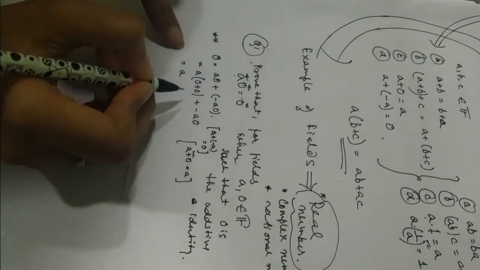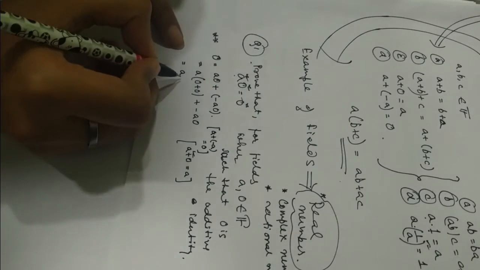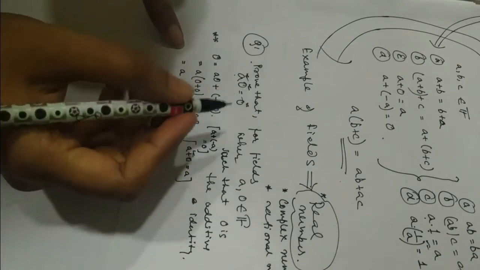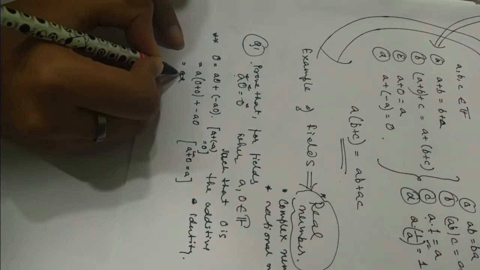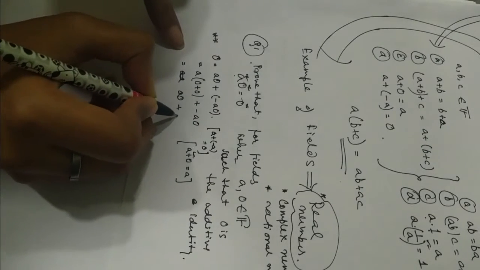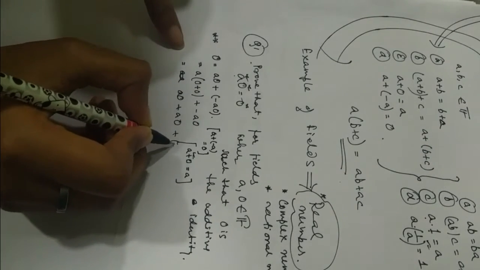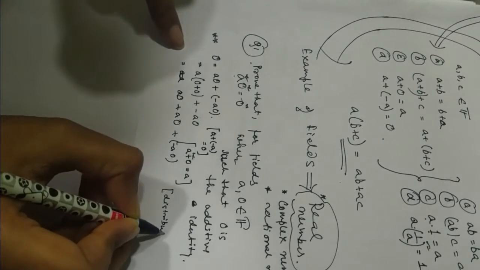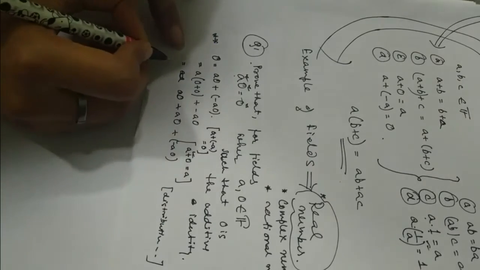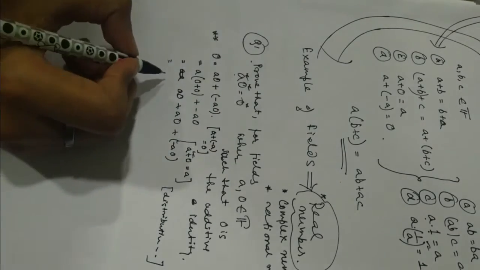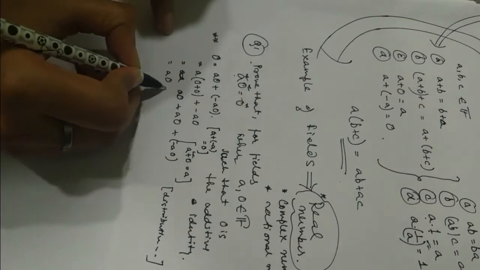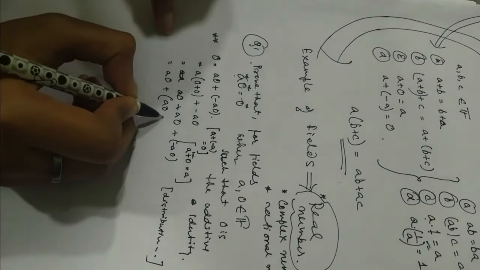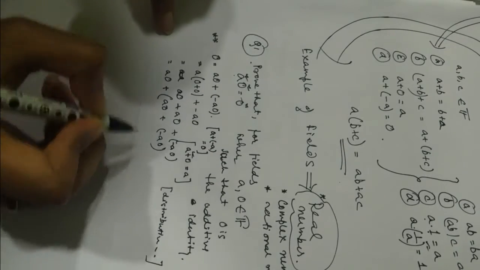Now, since the elements of the field are distributive over multiplication and addition, it can be written as A0 plus A0 plus A minus A0, where the distributive property has been used. Now we also know addition is associative, so we can associate these two terms, right?